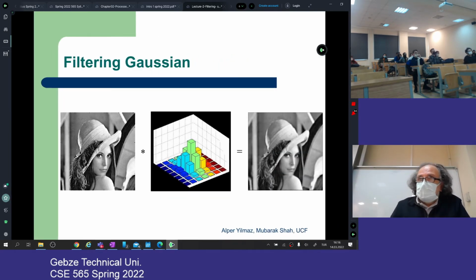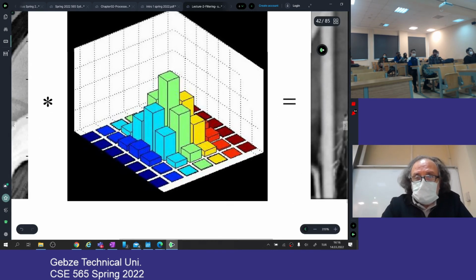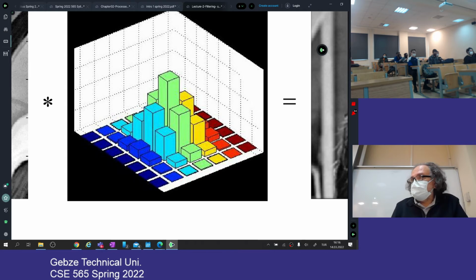It says that the central pixel is the most important. Pay more attention to the center pixel. And if I get away from the center pixel, their weights are smaller and smaller. When you reach the outer parts of it, your weights are as small as 0.